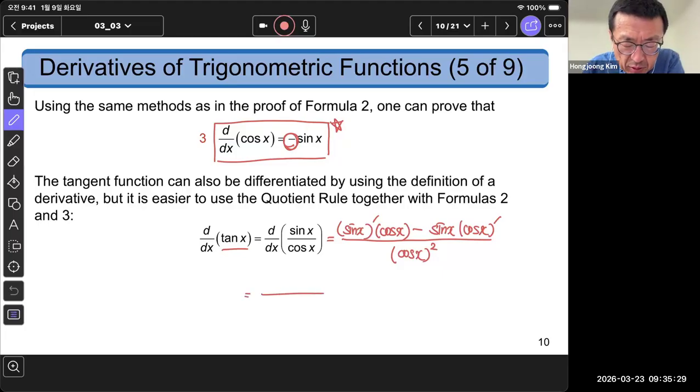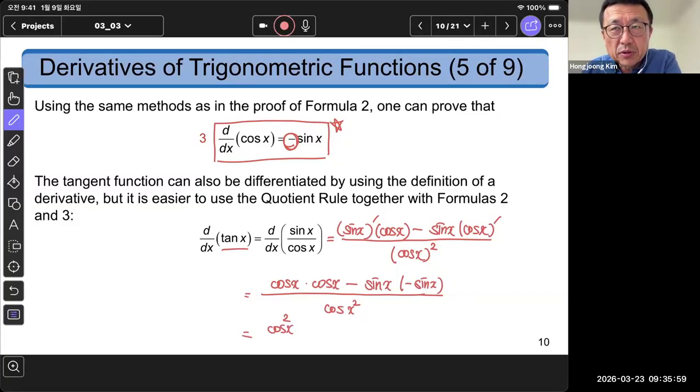Then when sine x is differentiated, you get cosine x multiplied by one more cosine x, minus sine x times the derivative of cosine, which is negative sine, over cosine x squared. Since we have two minus signs in front of sine, we get plus sine x squared over cosine x squared.